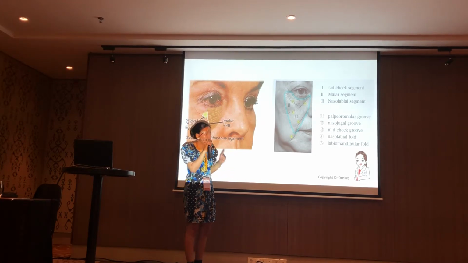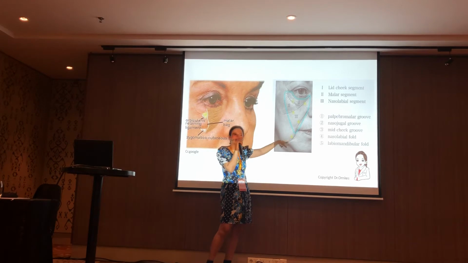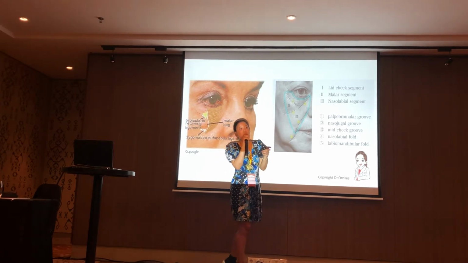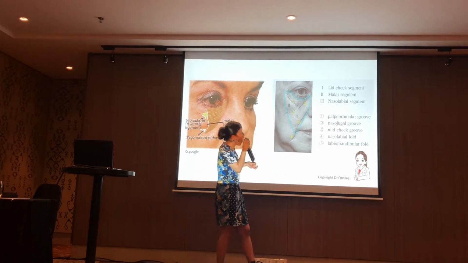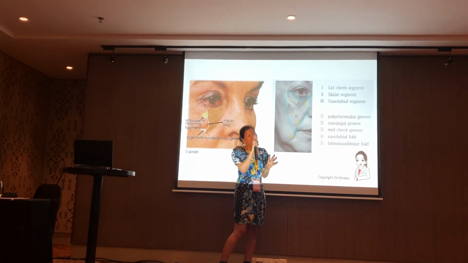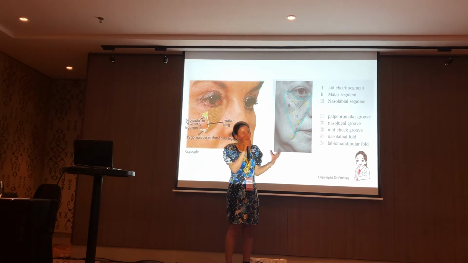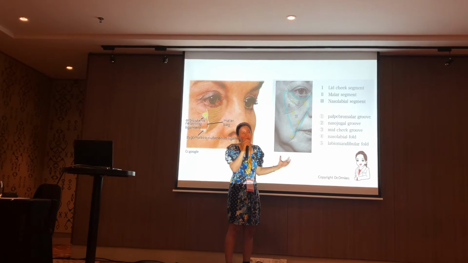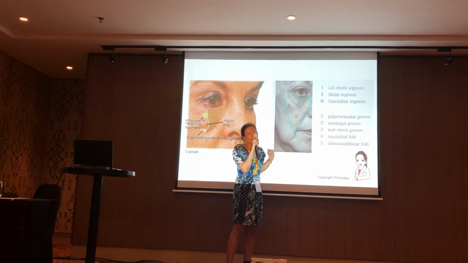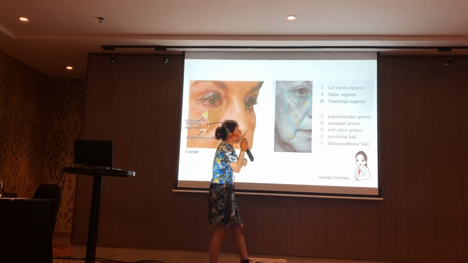However, how can lines happen? The lines happen because of a structure we call the retaining ligament. So right now, with the advancement of knowledge, what we do is not just fill in the volume, but reverse the aging process, dealing with the fat compartments and also the retaining ligaments.